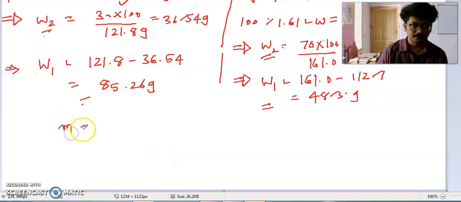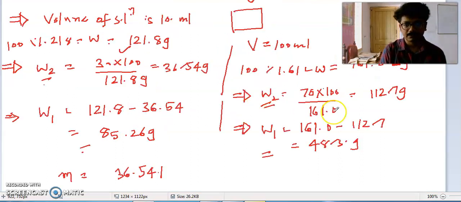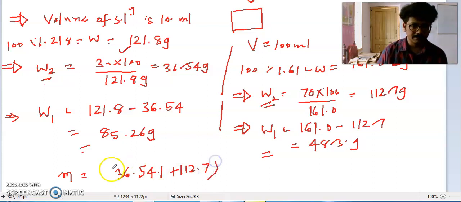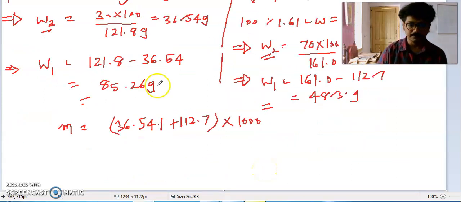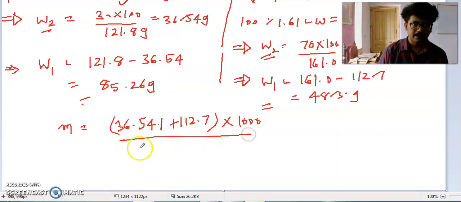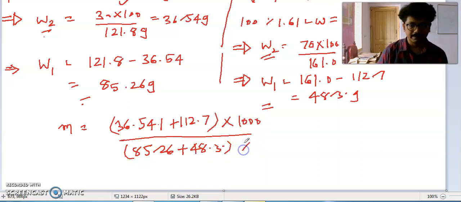Molality is equal to W2, which is 36.54 plus the other mass 112.7, multiplied by 1000, divided by the total mass of water, which is 85.26 plus 48.30, and multiplied by its molecular mass, for H2SO4 it is 98.